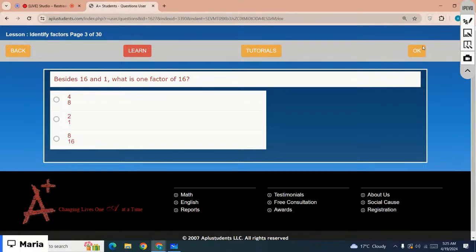Besides 16 and 1, which is one factor of 16? Which is the correct option? The correct option is 4 and 8, because they both can evenly divide 16.